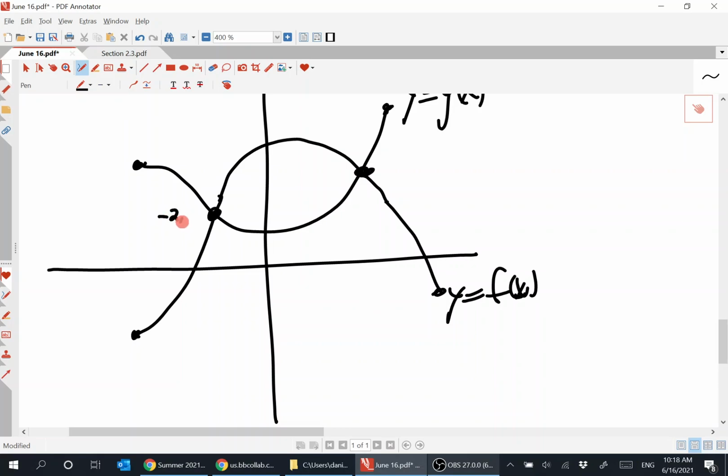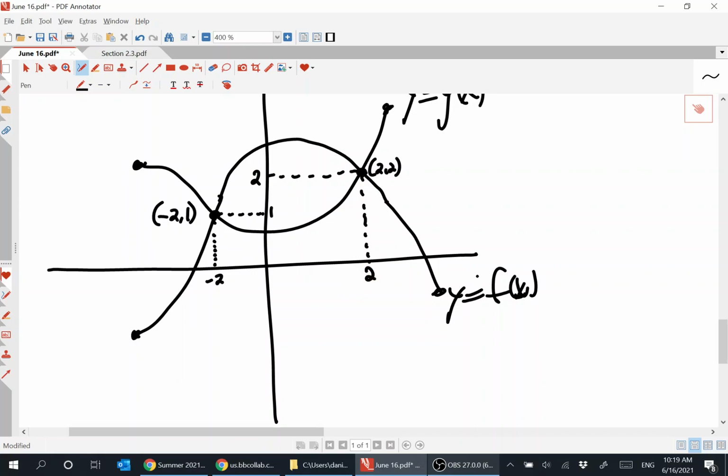So this is x value -2, y value 1. And this point right here is 2, 2. So x value 2, y value 2.